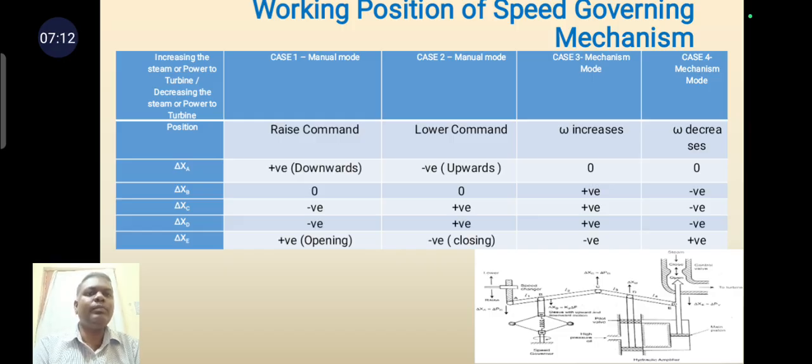So if omega increases, we have to decrease the speed, so we have to close the valve. That is the case of case 3. Similarly, in case 4, the valve is going to open, so we have to increase the steam to the turbine. This is the operation of the speed governing mechanism. Thank you.